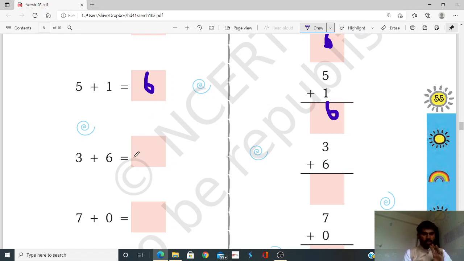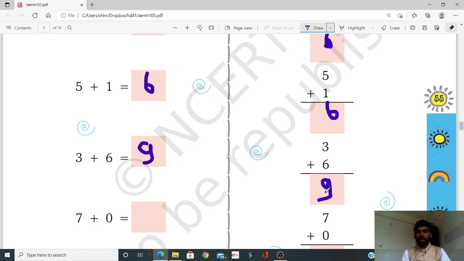Now 3, this is my two hands. Okay, here you can see the three numbers 3, and this is 6, and this 1 means 5 plus 1 means 6, plus this 3 means my answer is 9. Okay, I have to write here 9, and this answer will be 7.